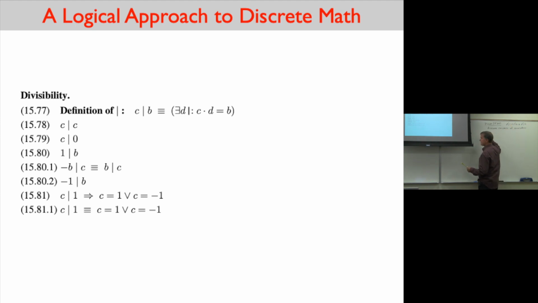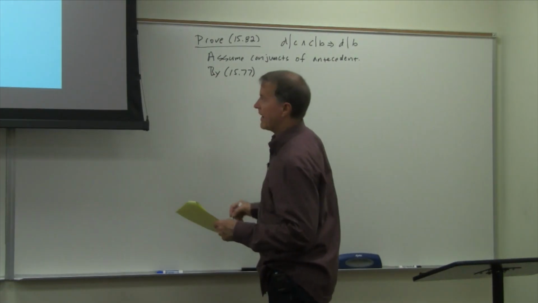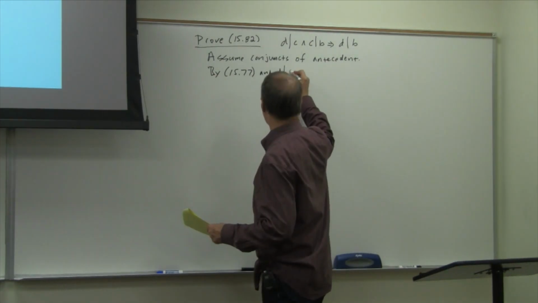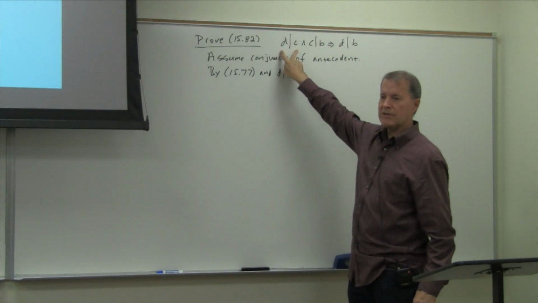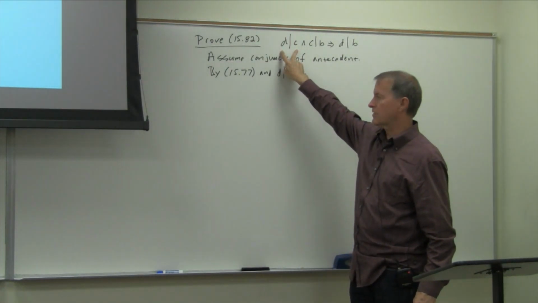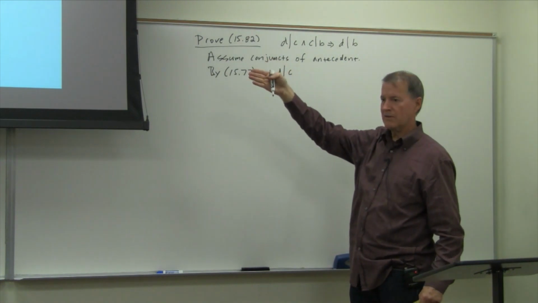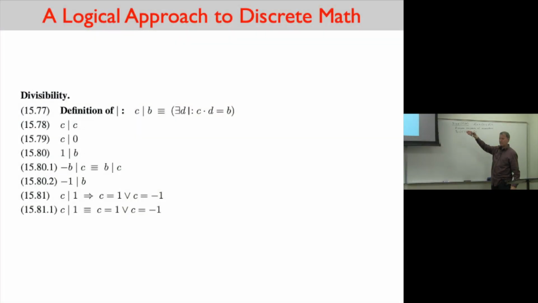By 15.77, which is the definition, and D divides C. Now what does it mean for D divides C? According to 15.77, it means there exists some integer.